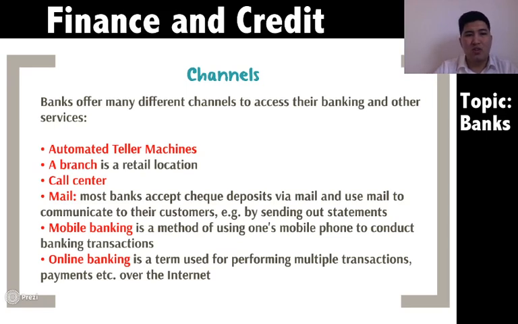These machines can be found in different places, for example at large shops and big organizations, and in areas where a lot of people live. Next comes the branch, which is an office of the bank located in different cities, for example in cities where the population is higher.